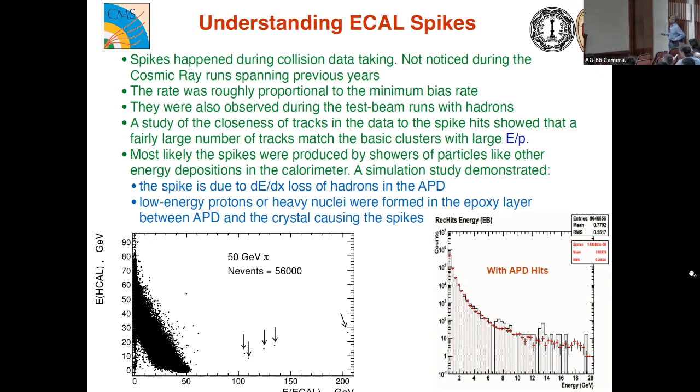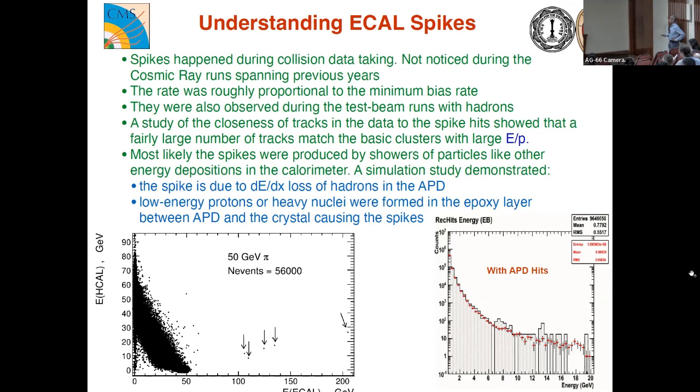A simulation study demonstrated that the spike was due to the dE/dx loss of very low energy hadrons in the APD, and most likely these low energy hadrons are produced in the epoxy layer, which is just preceding the thin high multiplication silicon layers of the APD.